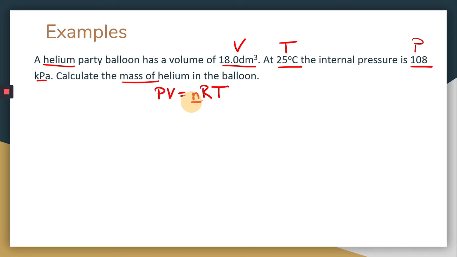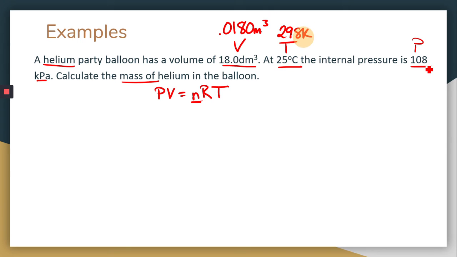So volume needs to be in meters cubed. To go from decimeter to meter, we would go one place to the left, but it's being cubed, so we're going to do that 3 times. And so the volume is 0.0180 meters cubed. Temperature needs to be in Kelvin, so we would say 25 plus 273, and we would get 298 Kelvin.